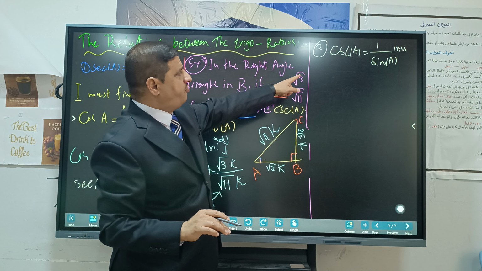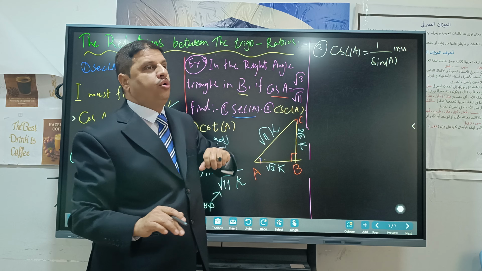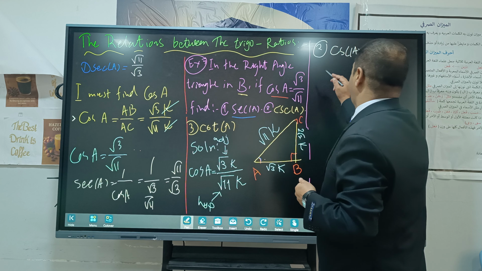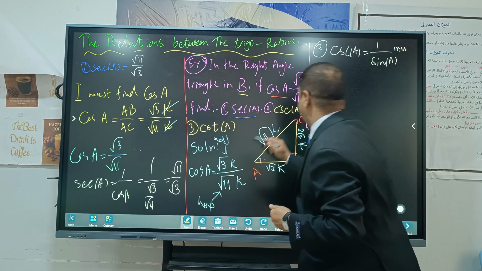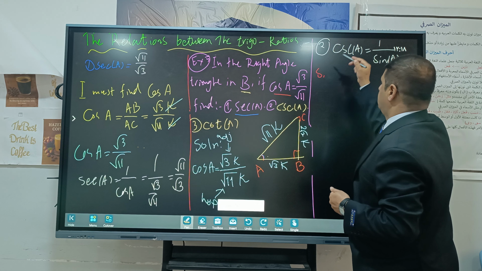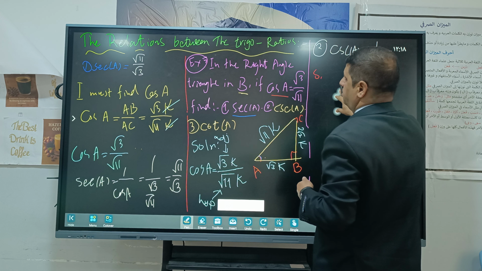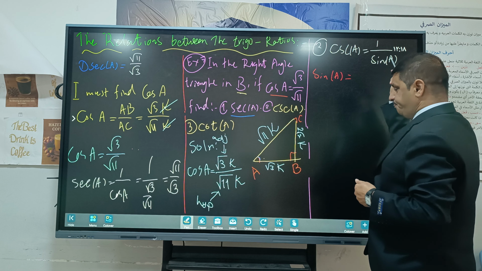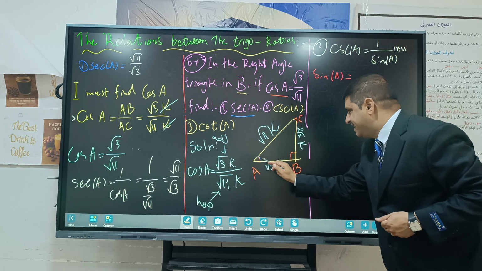Because cosecant of A equals 1 over sine of A. Now I can find sine of A. Sine of A equals, here's A, where's the sine?